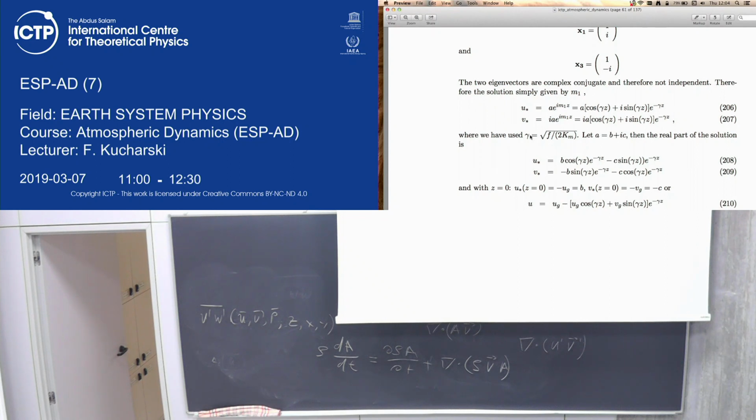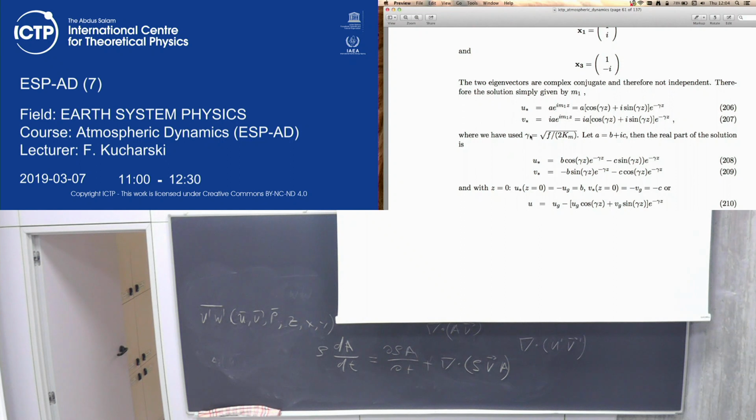But now we can try to determine C and B by our boundary conditions. So if we look at z equal to 0, then we know that u star should be minus ug, and if you insert this here, at z equal to 0, for example, this is 0.